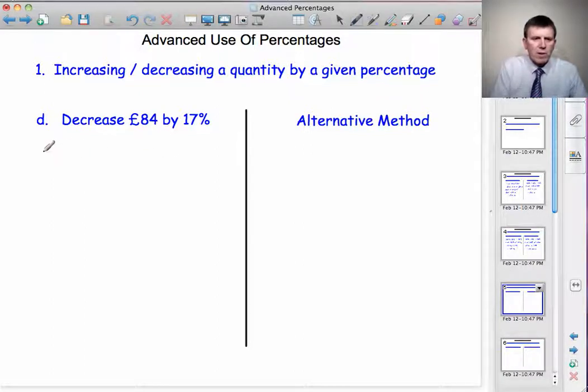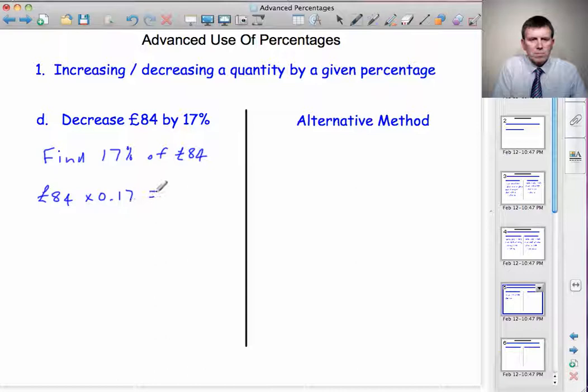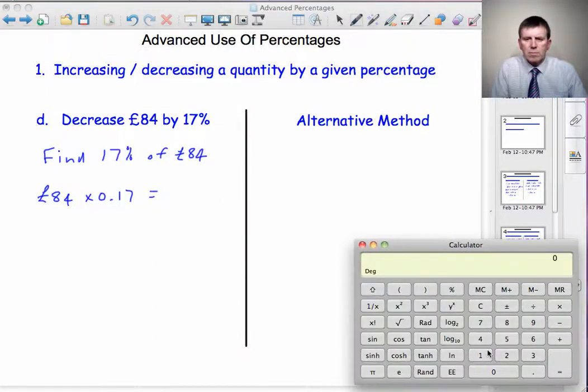So that's 84 pounds multiplied by 0.17. 84 multiplied by 0.17 is £14.28.